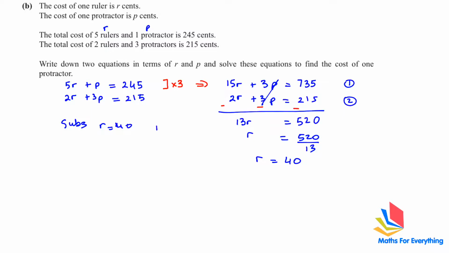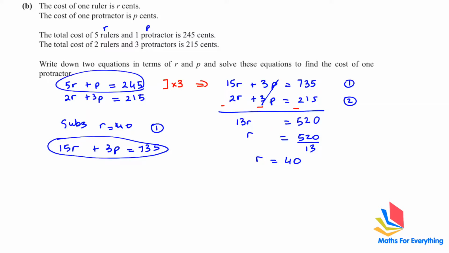Now to find P, substitute R equal to 40 in any equation you want. I can substitute in this one, or I can substitute in this one. The top one is easier, so we will substitute in that. 5R plus P is equal to 245.